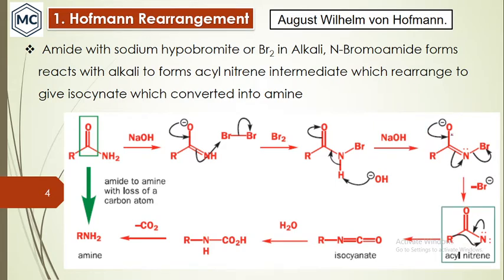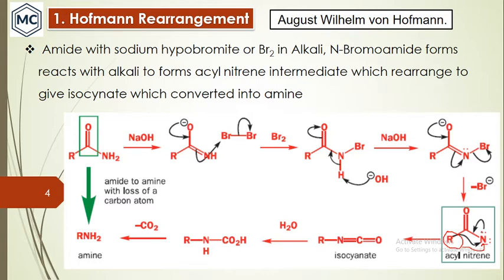So this CO forms a pi bond, and this double bond breaks, and there will be two electrons. This nitrogen gets these 2 electrons, and this is the acyl nitrene, and it undergoes a skeletal rearrangement like this. This lone pair forms a double bond, and this alkyl group undergoes rearrangement and goes to the nitrogen atom.